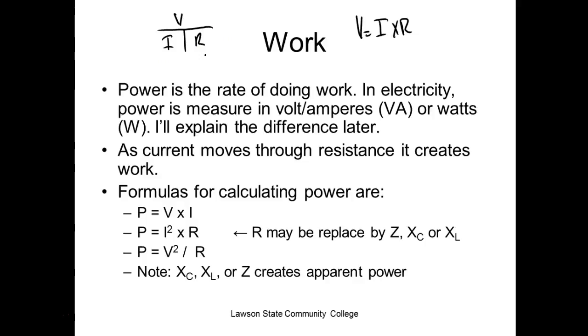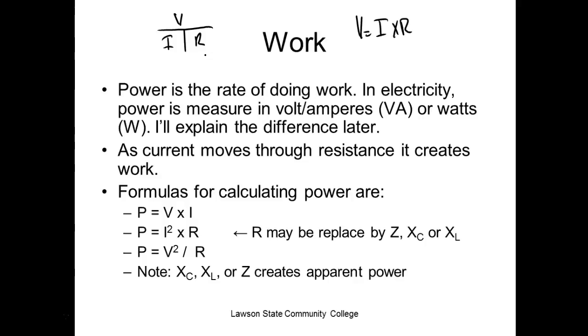Then we can just cover up what we want to solve for. This is a formula you need to learn. Ohm's law: V is equal to I times R, I is equal to V over R, and R is equal to V over I. Those are Ohm's law.